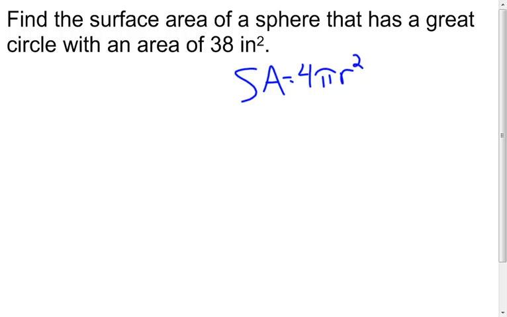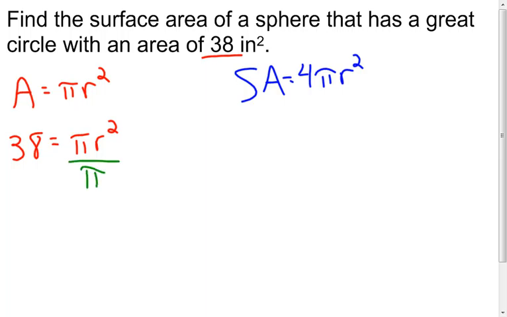So one method here is to look at the fact that we know the area of a circle is pi r squared, and in this problem, we know that area. We can plug it in. So we'd have 38 equals pi times r squared, and now we can solve this equation, figure out what r is, so we can plug it back into the surface area formula.